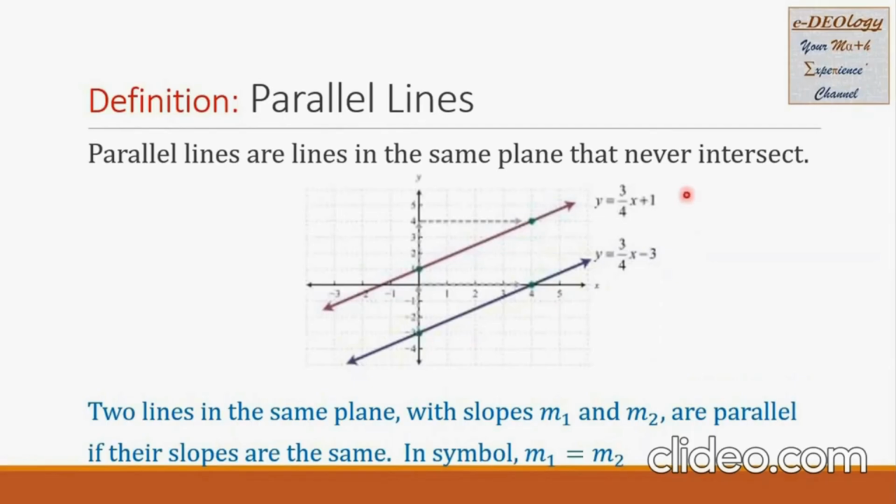If you remember, we have slope-intercept form of a line where we can easily get the slope, and that is the coefficient of x. In here, the slope is 3/4. In the other line, the slope is also 3/4. The slopes are the same, so we can conclude that the two lines are parallel.